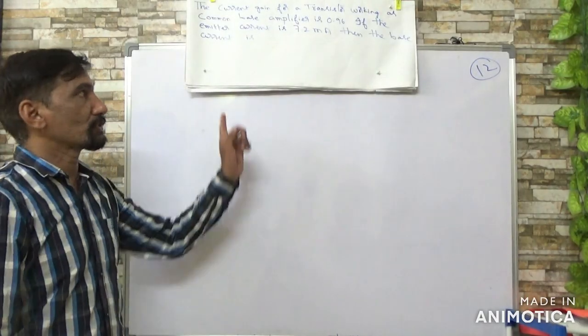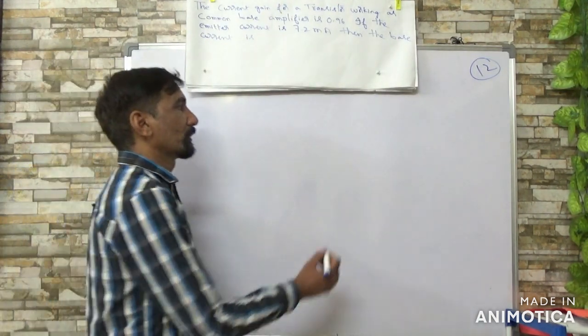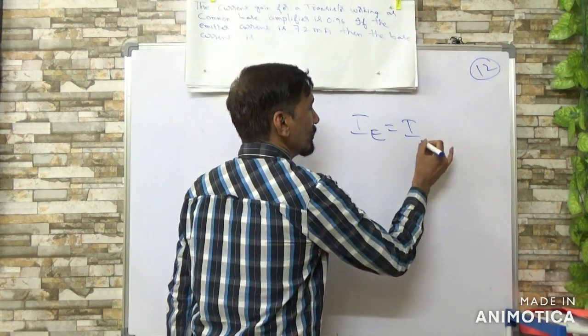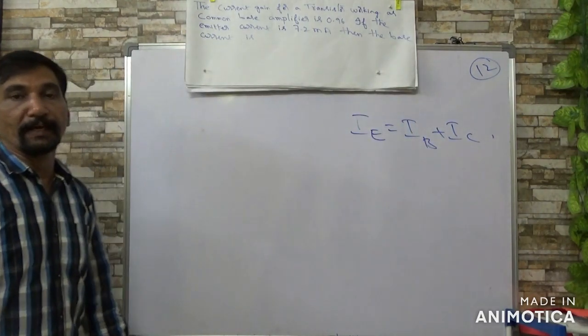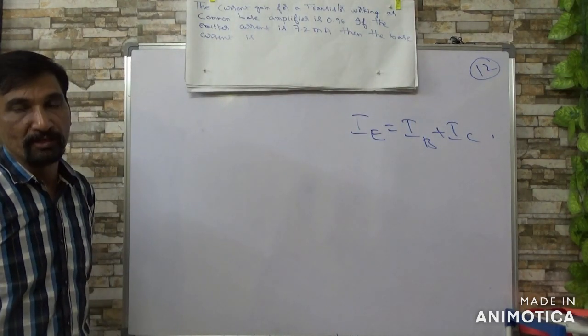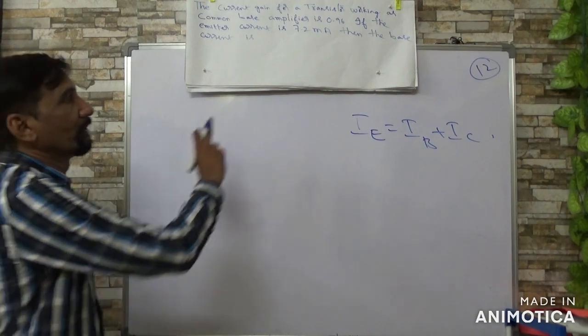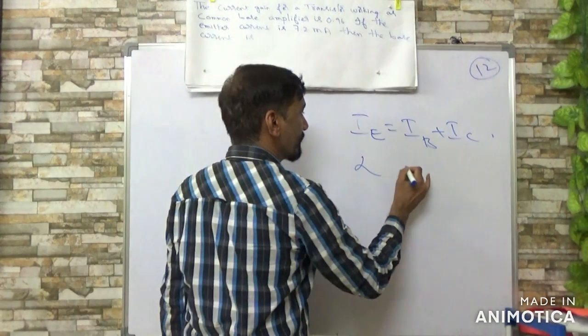Based on transistor also, you will be given one problem. In case of transistor, emitter current is always equal to, remember, base current plus collector current. So this amplification factors alpha and beta, you can identify easily. Remember, whenever the value is less than 1, it is alpha.